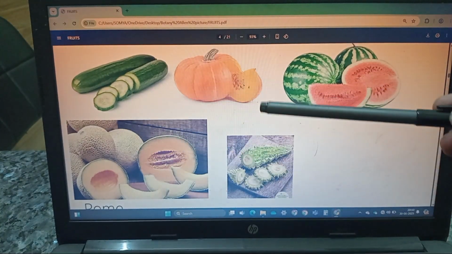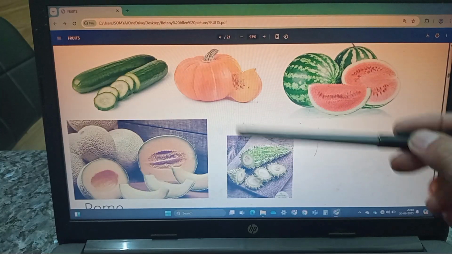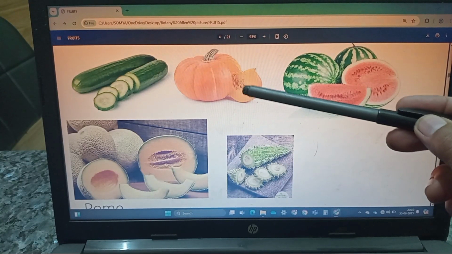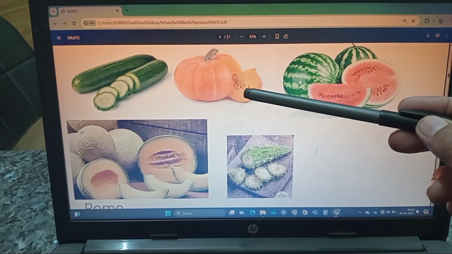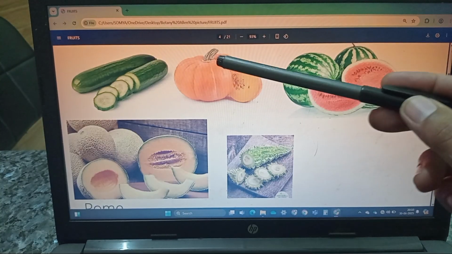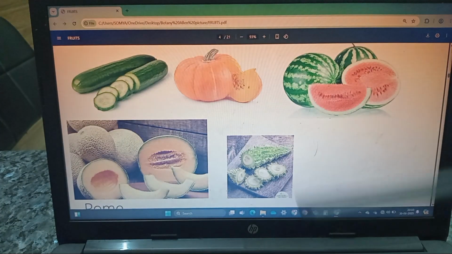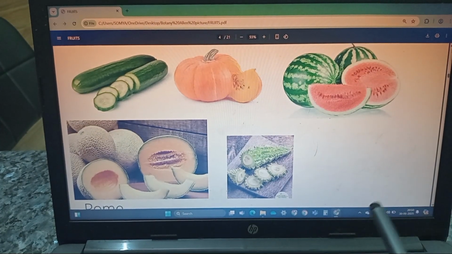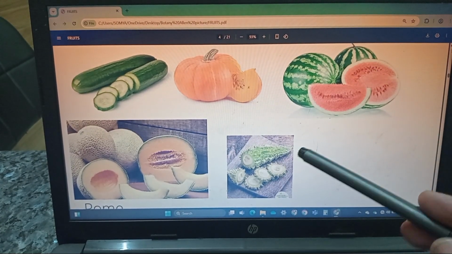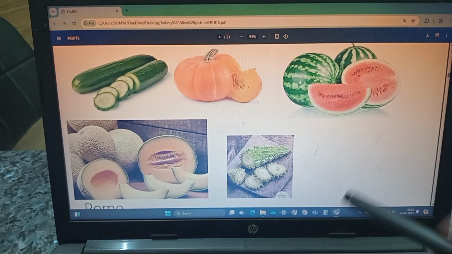In all these, they have parietal placentation. But with the development of the placenta, they look like they are axile, but they are actually parietal placentation. This is pepo. And second thing, they have an inferior ovary. You know the cucumber has an inferior ovary.